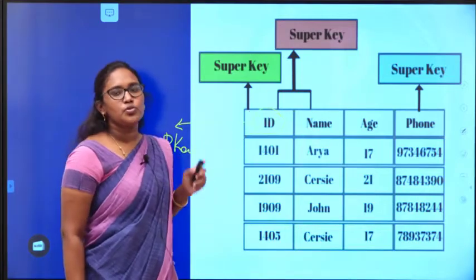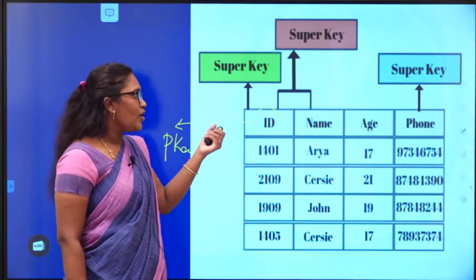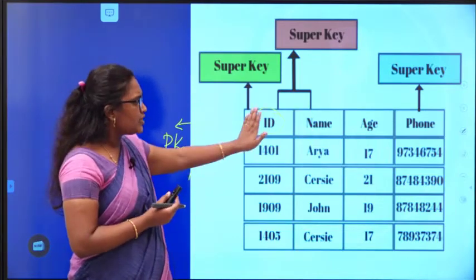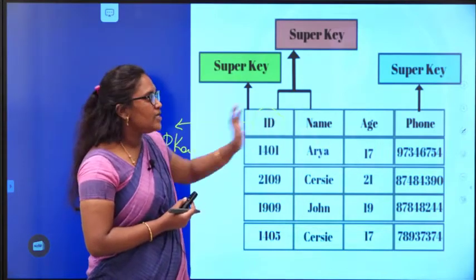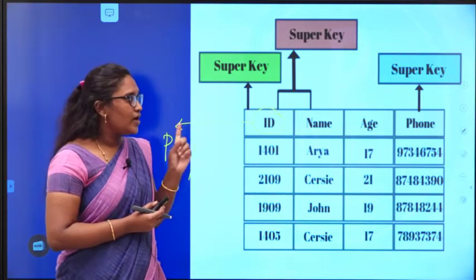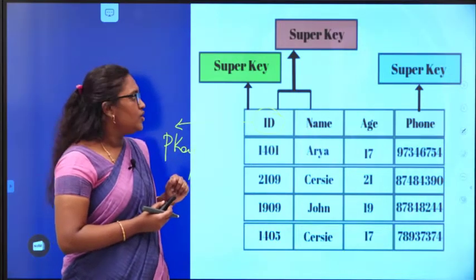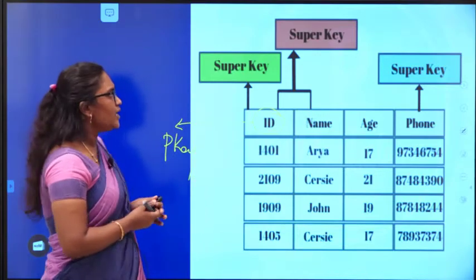So what is the meaning of a super key? Whenever you form a combination along with the primary key, then we call it a super key. And one more thing you have to understand, you can have any number of combinations, right?